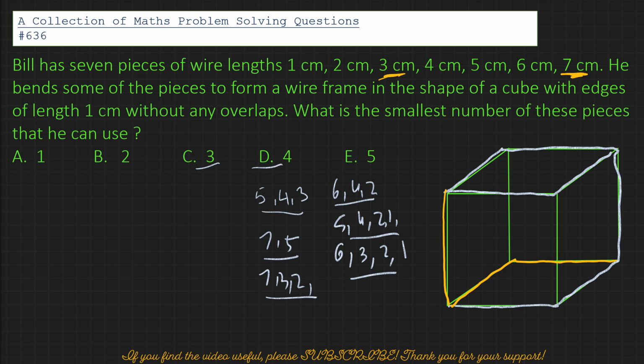Now see, there's a problem. I've got 2 sides still left. So how will I do that? I can't overlap. So I would need 2 one-centimeter wires, which is not there. So obviously this is not an option. But before cancelling it out, you can try different ways. You can trace different patterns, so to say.